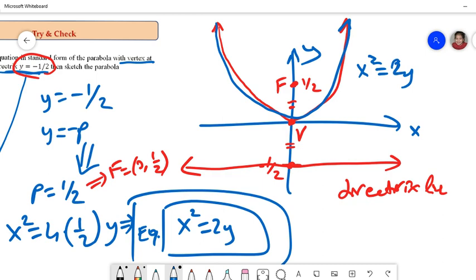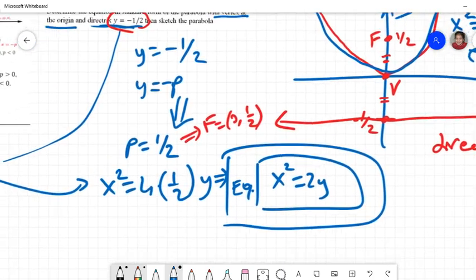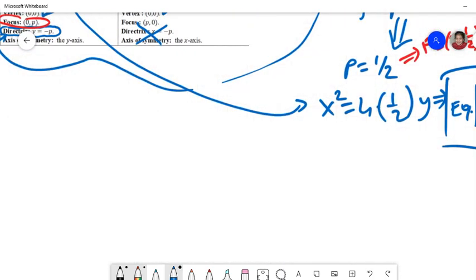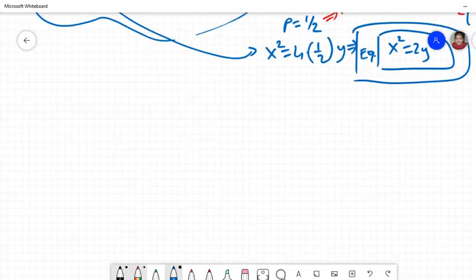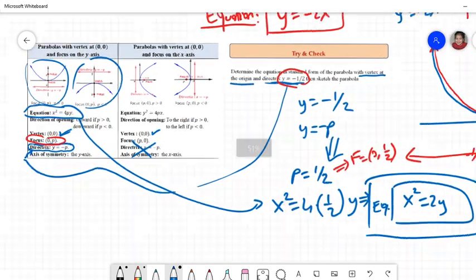I mean, if you want to do it with a table, it's okay. You can take x, y, and take the points, and you can plot here. But we are trying to do it with the directrix and the focus here. Okay, and that's it.